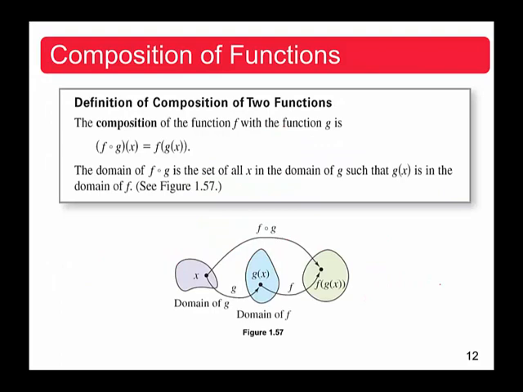The composition of function f with the function g is f composed with g of x. So it's equal to f of g of x. And the domain of f composed with g is the set of all x values in the domain of g, such that g of x is in the domain of f. Meaning basically you want to satisfy both function g and then function f at the same time.